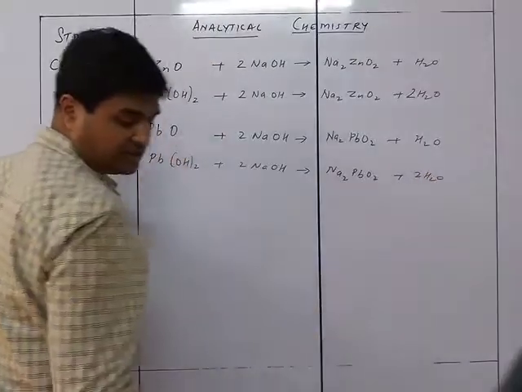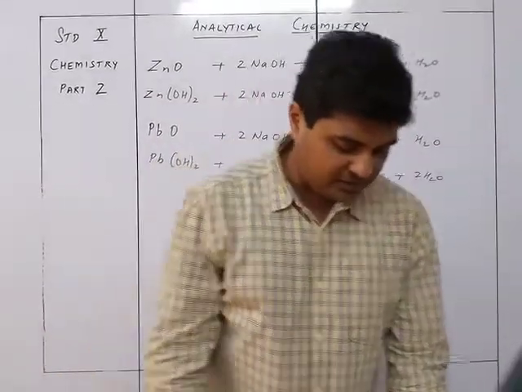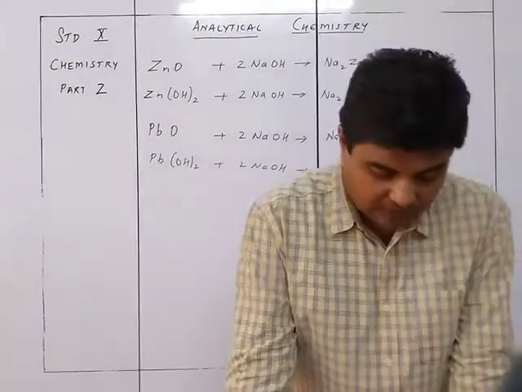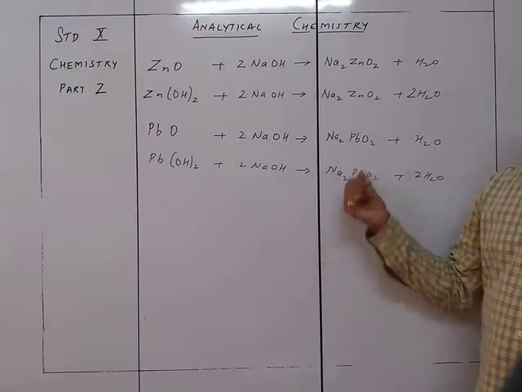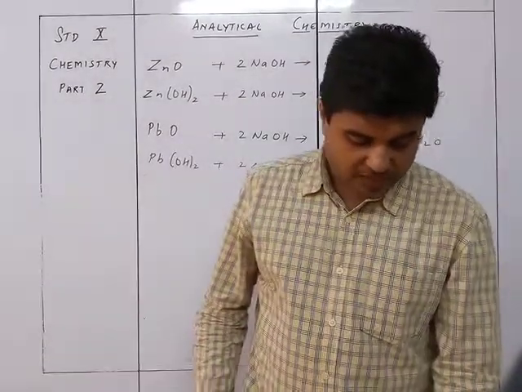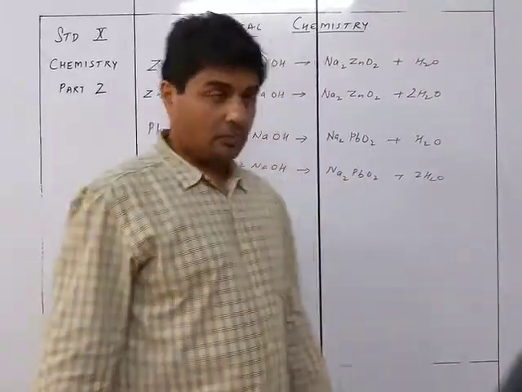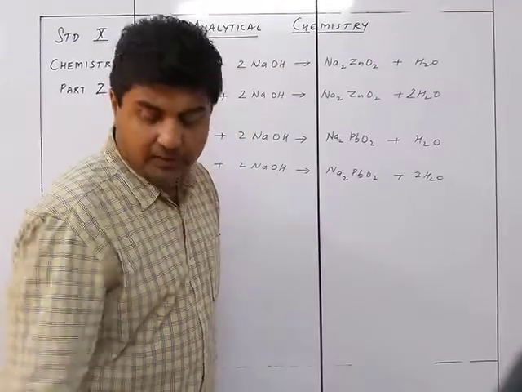So the reactions are the same in the case of lead and zinc. In both cases it is sodium plumbite, and water is given out. So that is how they react with the alkali, right?